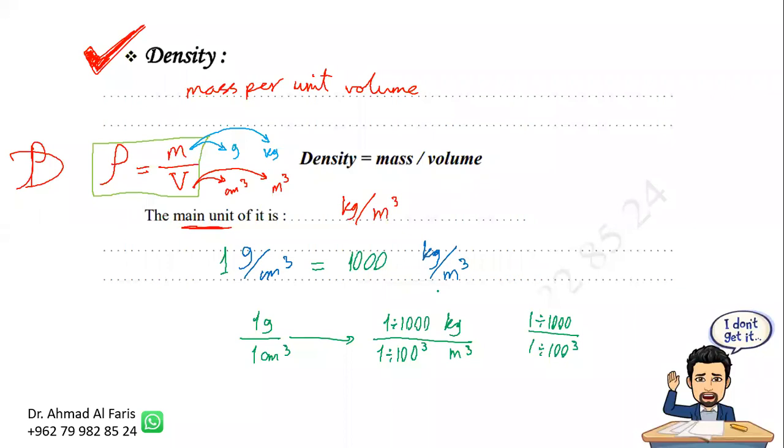So it's huge. It doesn't matter how big the word is, kilogram or meter cube. It depends logically on the ratio between gram per centimeter cube and kilogram per meter cube. So 1 gram per centimeter cube is equal to the density of water, 1000 kilograms per meter cube.